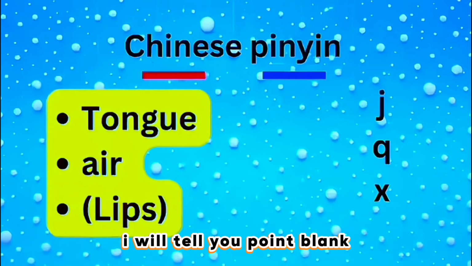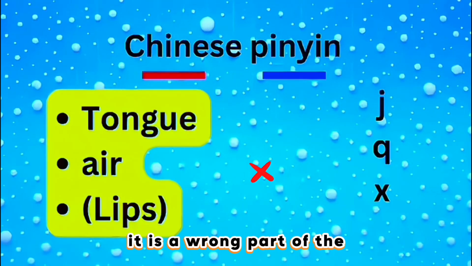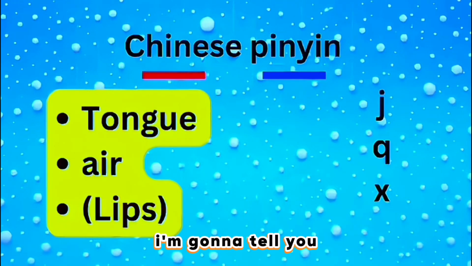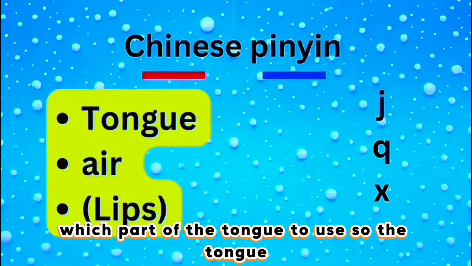Now, I'll tell you point blank, it is a wrong part of the tongue to use when pronouncing these sounds. I'm gonna tell you exactly which part of the tongue to use.